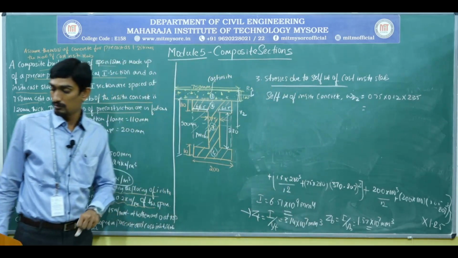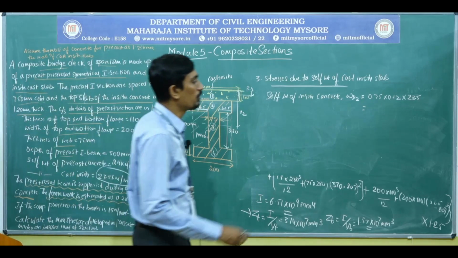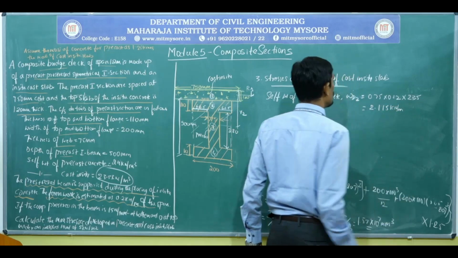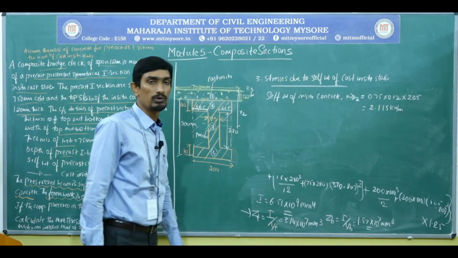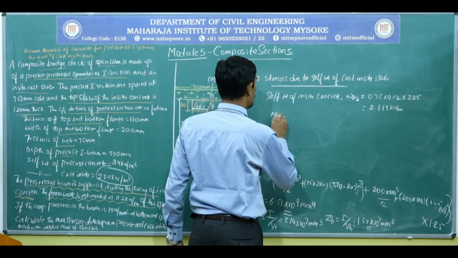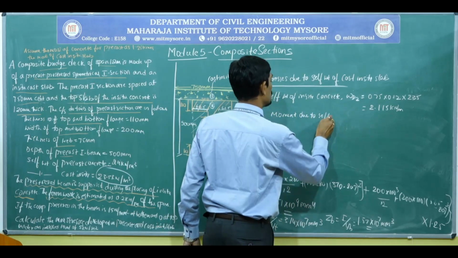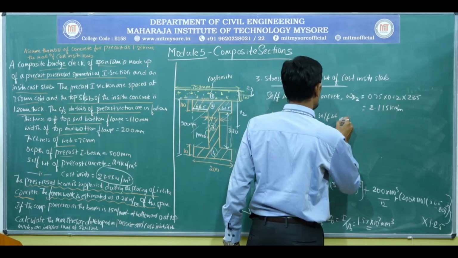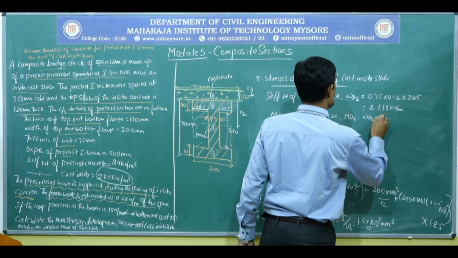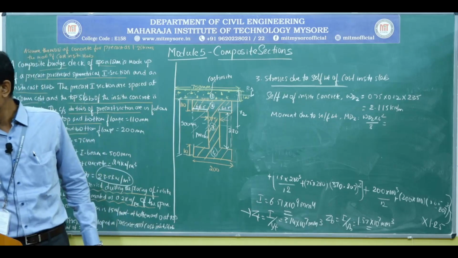So WD2, how much is it? 2.115 kilonewton per meter. Next, for this, moment due to self-weight, MD2, which is equal to WD2 into L square by 8.